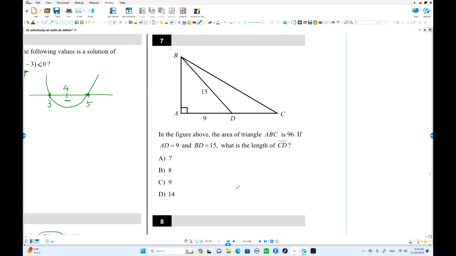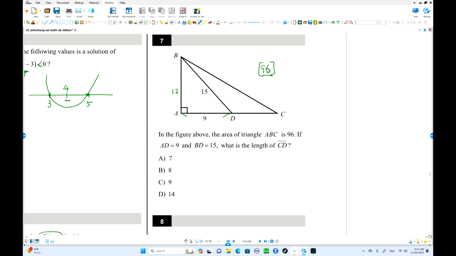Here is number 7. You have a right triangle. The area of ABC, the whole area, is 96. AD is 9. BD is 15. So this is 9, 15, this is 12, right? 3, 4, 5.